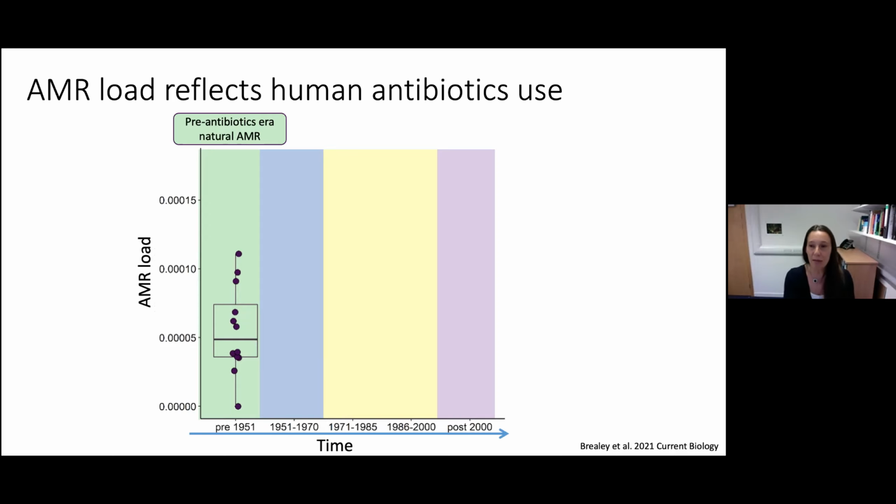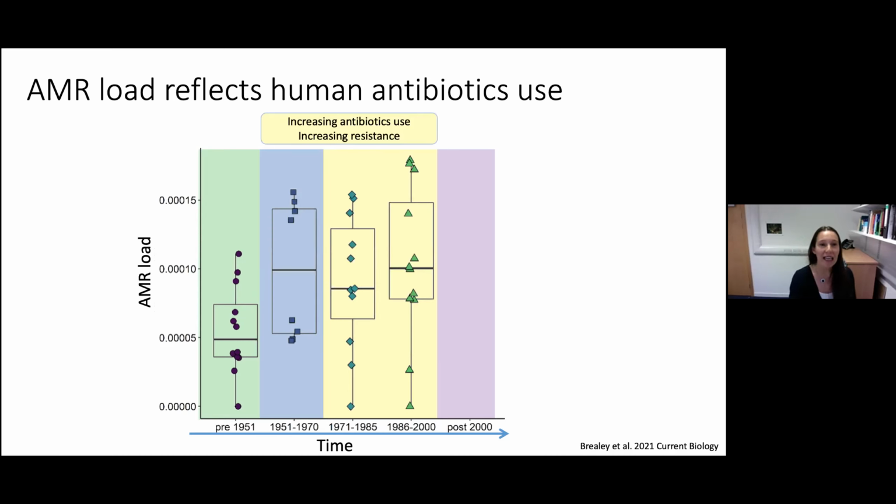So then we sampled through time, going through this time period of big enthusiasm to a time period of basically uncontrolled use and until present. So we see an increase in antimicrobial resistance that corresponds to the increase in use of antibiotics through time in humans and agriculture.